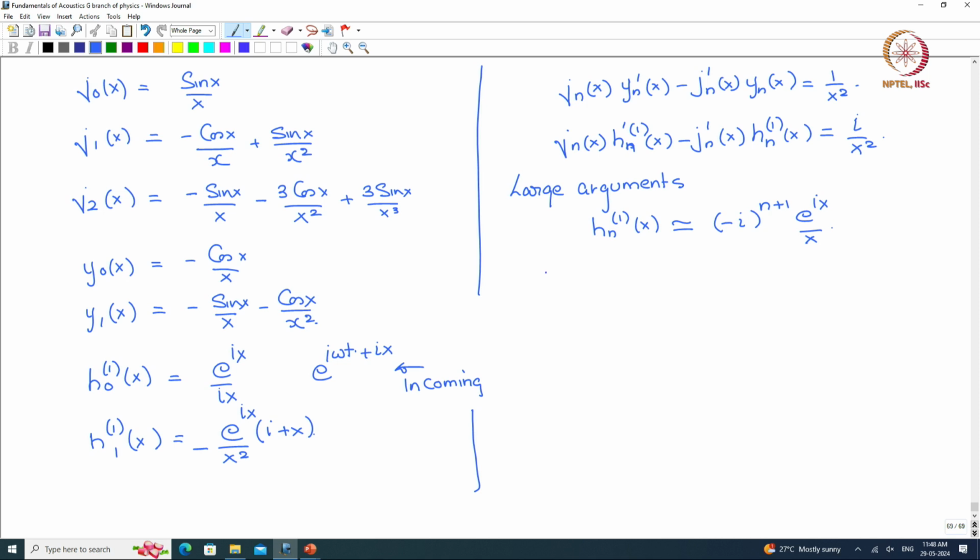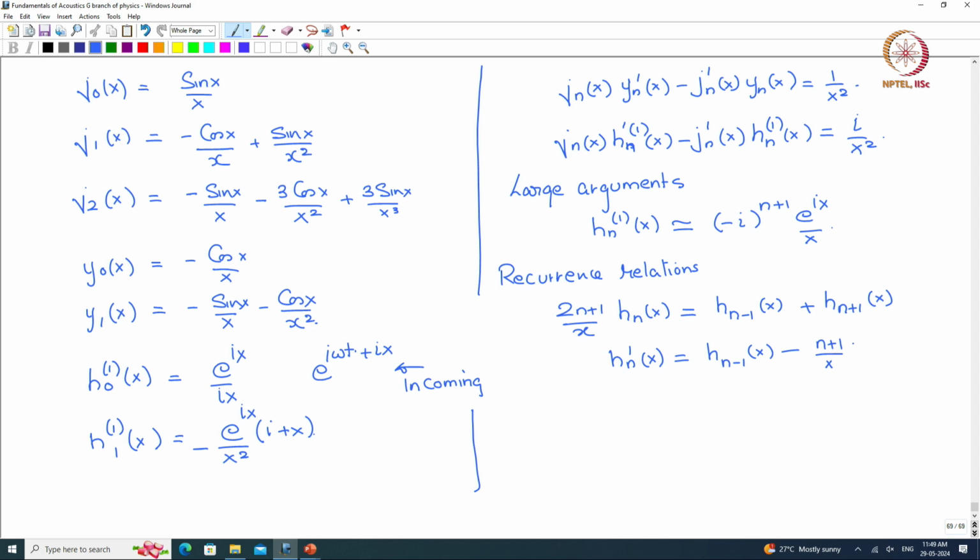And there are a few recurrence relations, which is twice n plus 1 by x Hn of x is equal to Hn minus 1 of x plus Hn plus 1 of x, and Hn dash of x is equal to something.